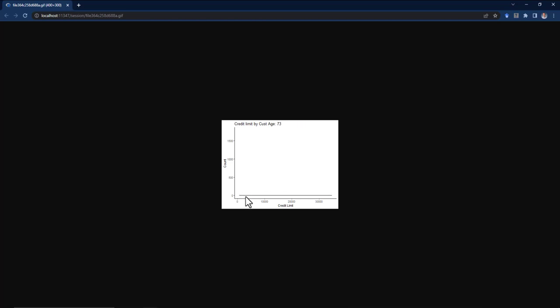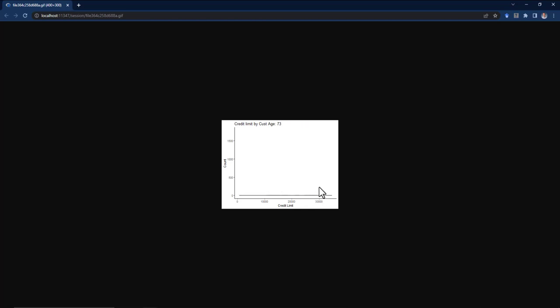So a small number have low credit limits when it's the youngest, and it grows from there. So we start here, and then we start getting more in the low credit limits, and we start getting those that appear out at these higher credit limits. So as the age gets older, we get more customers with low credit limits, and then we start to get customers that have higher credit limits as well.